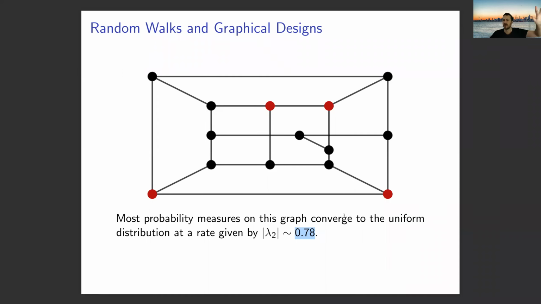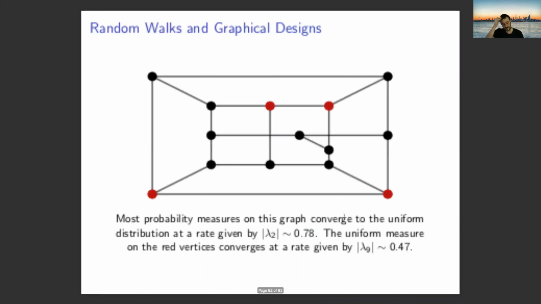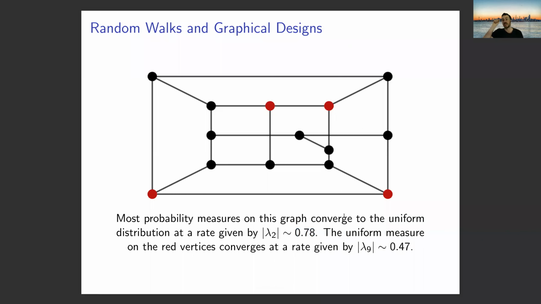The constant is not small, but you have an exponential rate to the uniform distribution. But it turns out if you start with the uniform probability measure on the 4 red vertices, which I've highlighted, then the random walk converges much, much faster. In fact, it converges at a rate given by 0.47 to the nth power. So not faster at the level of constants, but exponentially faster.